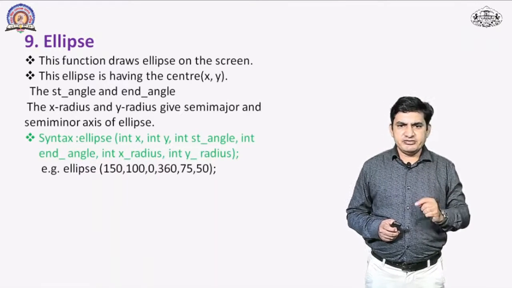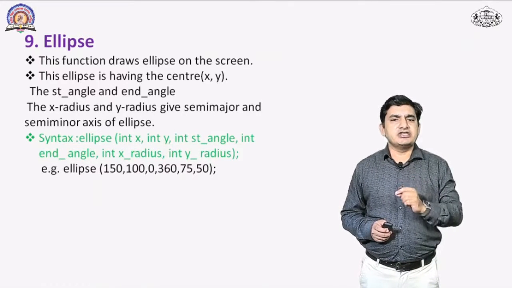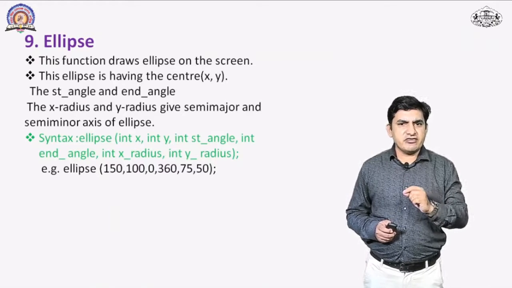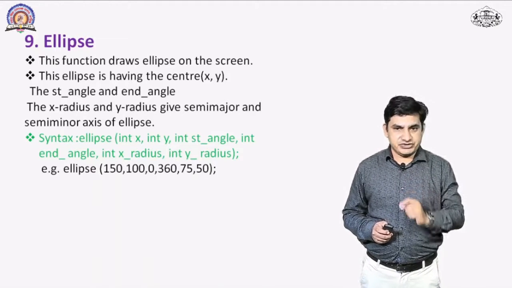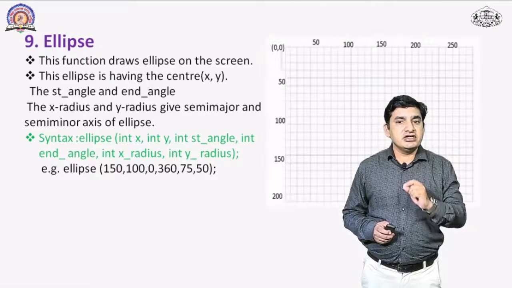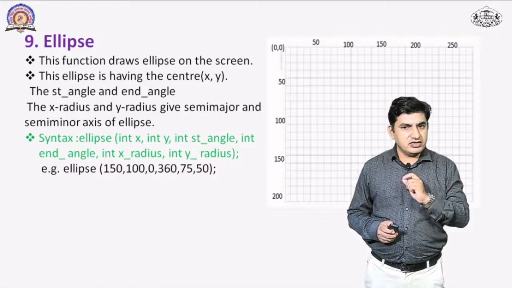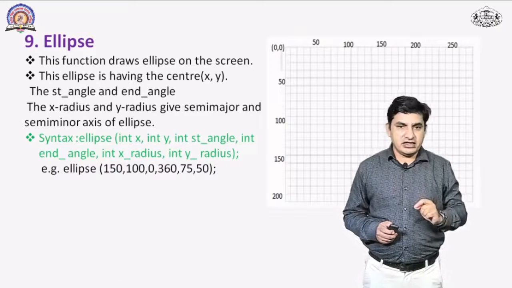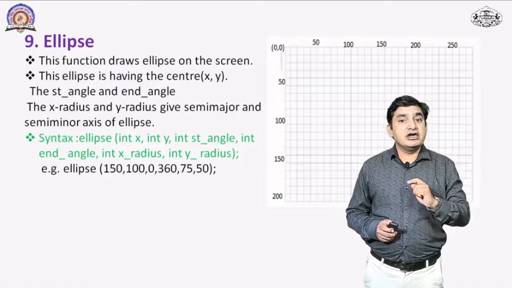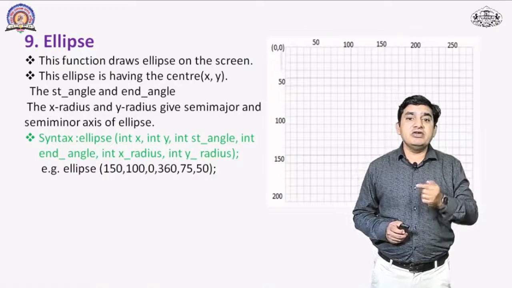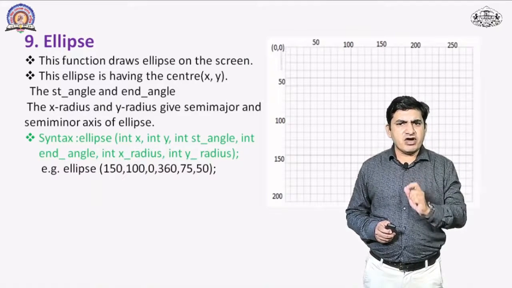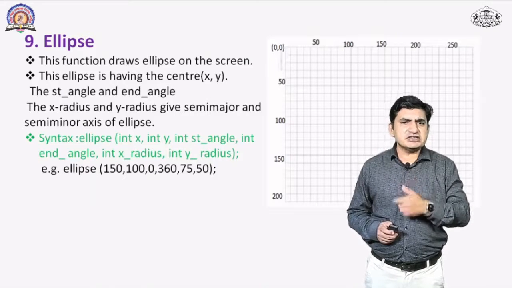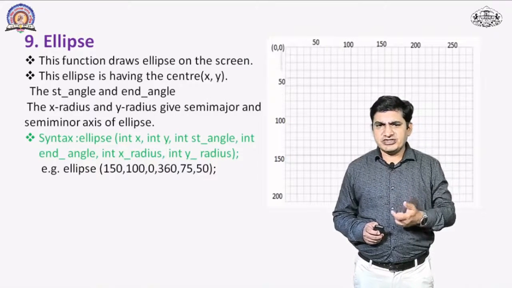Syntax is ellipse(integer x, integer y, integer starting angle, integer end angle, integer x_radius, integer y_radius). Integer x and integer y give the center of the ellipse. Then integer starting angle, integer end angle, integer x_radius along the semi major axis, integer y_radius, which is the radius along the semi minor axis.